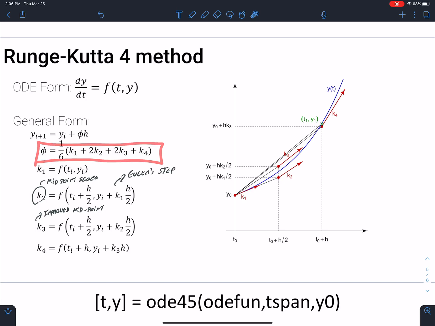And if you use this, this will be a fourth order method, right? So taking many terms of the Taylor series, not just the first order term, right? And this tends to give you a very good approximation to the solution of the ODEs that you may have.